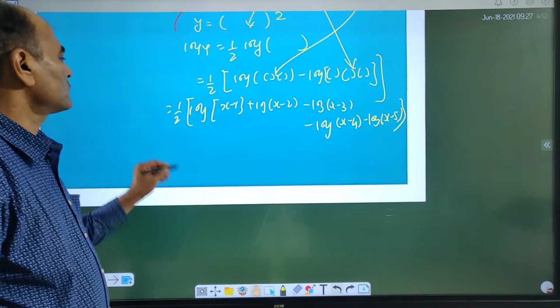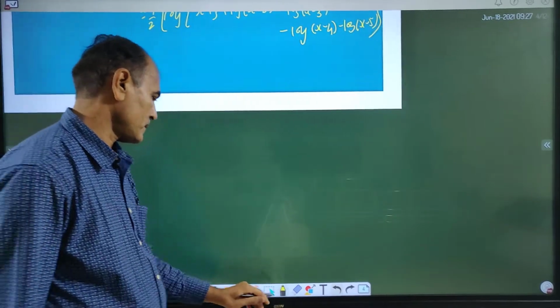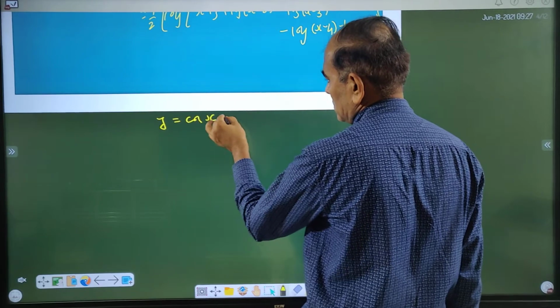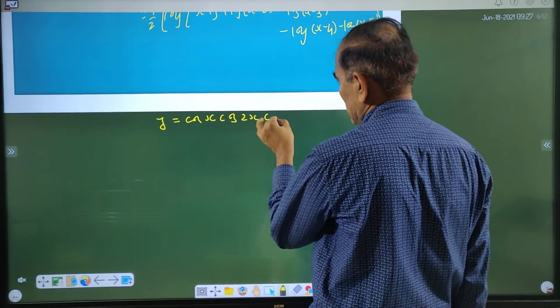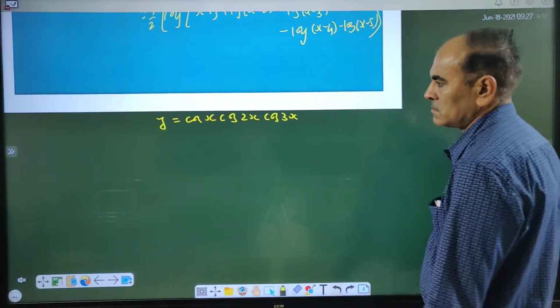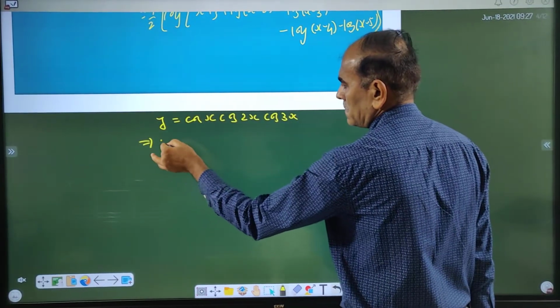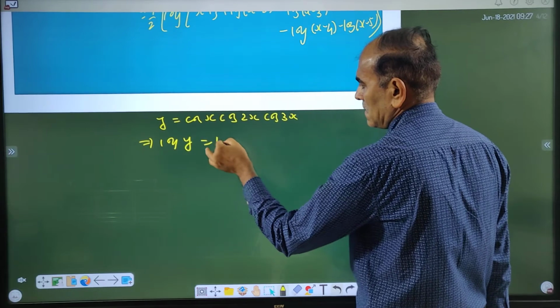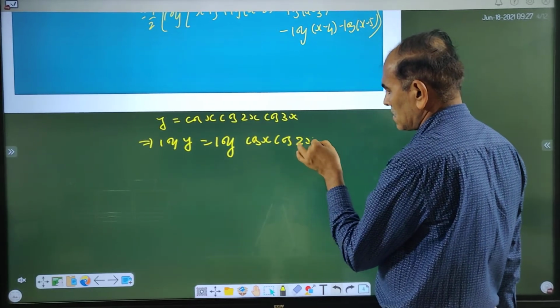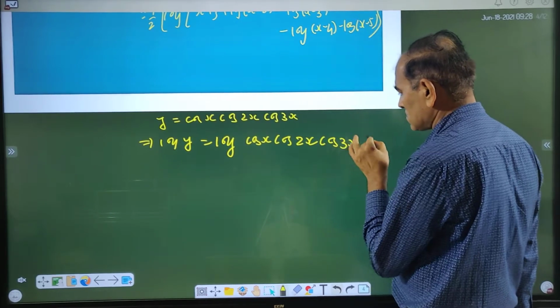So y is equal to cos x. What is given? y is equal to cos x, cos 2x, cos 3x. So take log on both sides. Log y is equal to log of cos x into cos 2x into cos 3x.